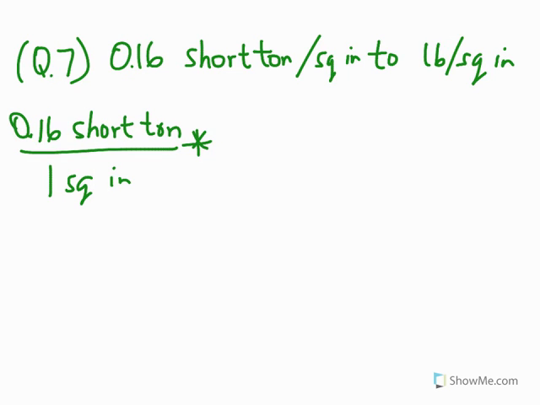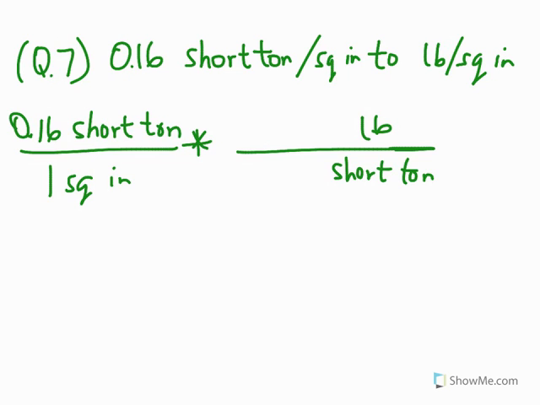For us to change short ton to pound, we will have to write our pound in the numerator and our short ton in the denominator. Do you realize how this question is different from what we've been doing? In other questions, we were changing the denominator unit all the time, but in this case we are changing the numerator unit.